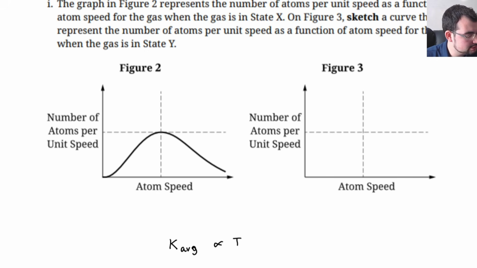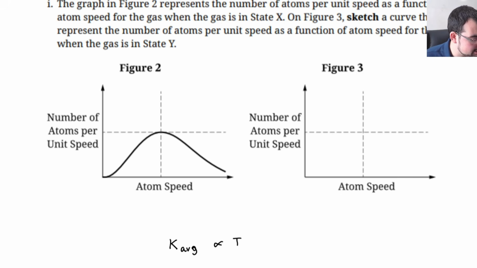So we can't just do something, oh, that's an awful peak, but we can't just do something like this because that would mean that there's more atoms in the container. So what we have to do is we know that more of the atoms would have speeds that are higher, so like over here somewhere, but also that means more speeds are possible out there. We need to show that the number of atoms stays the same.